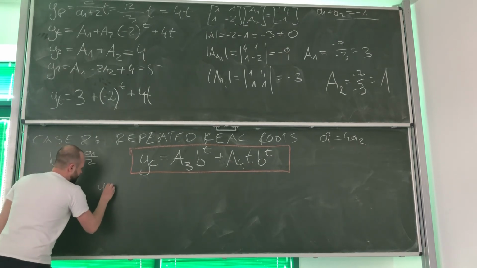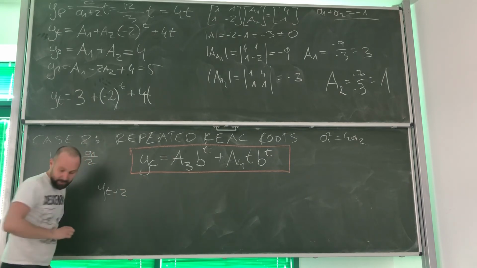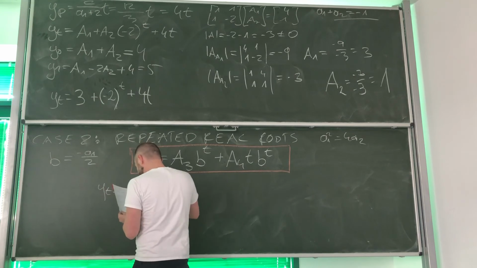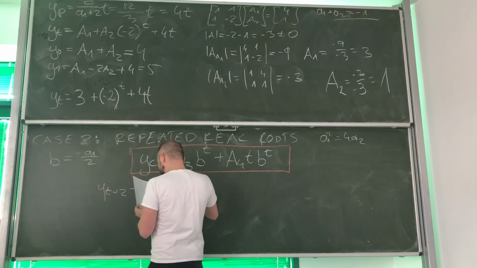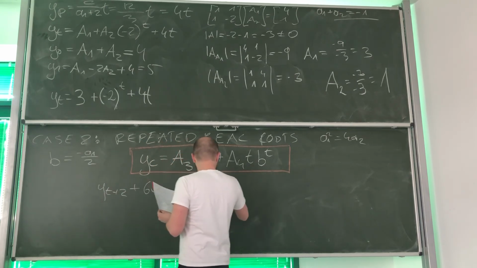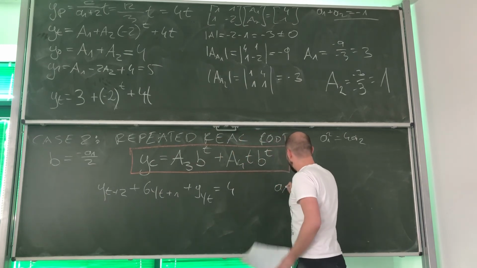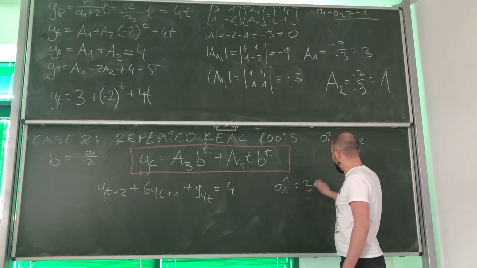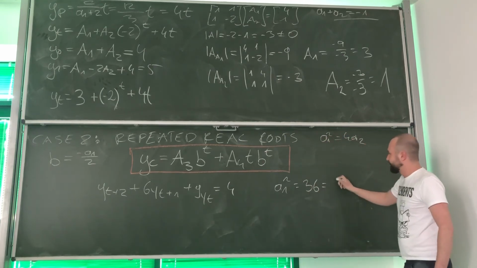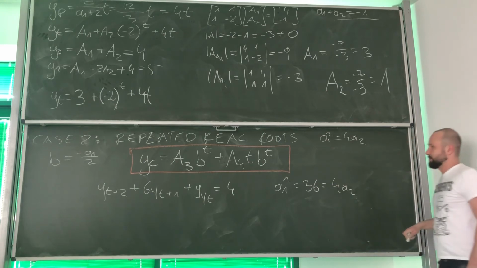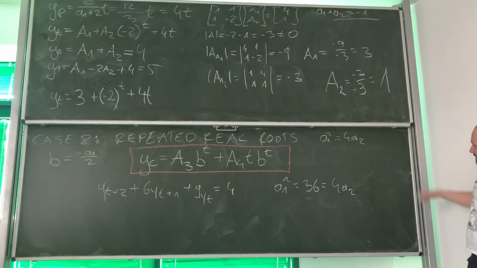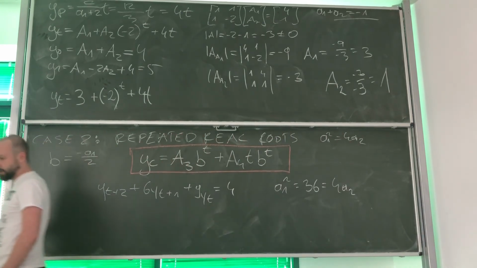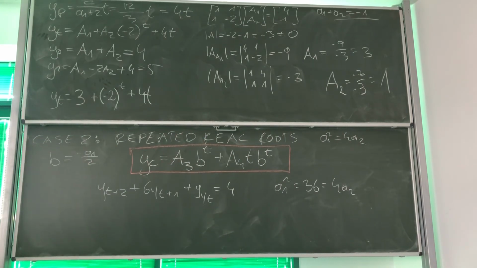Okay, again, let's just illustrate it with an example. Let's just say that we've got yt plus 2 plus 6yt plus 1 plus 9yt equals to 4. Our a1 squared is equal to 36, and this is exactly equal to 4a2, right? 4 times 9, 36. So definitely we have real, however repeated roots.